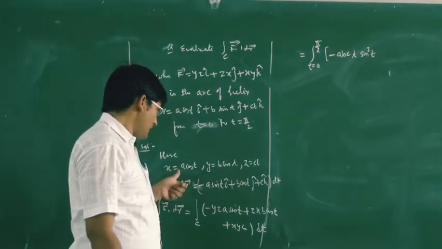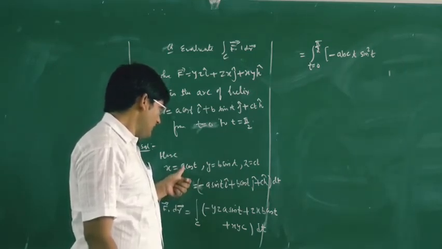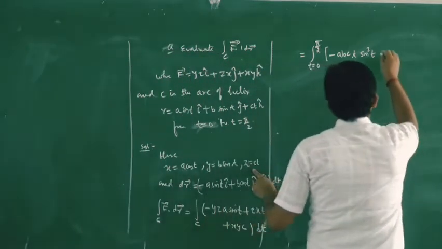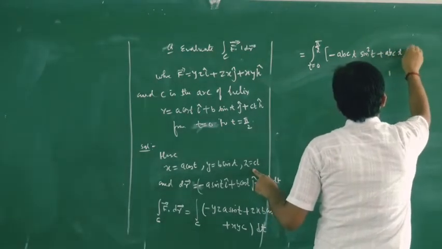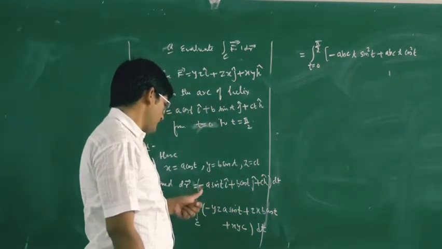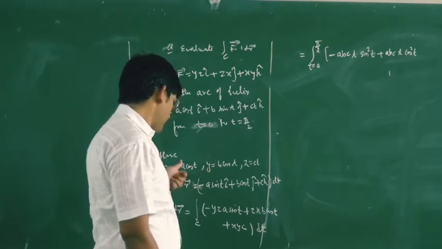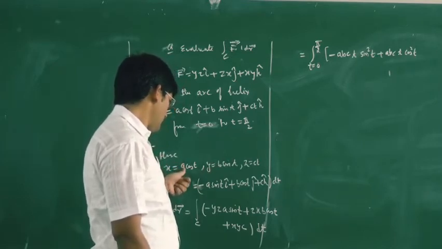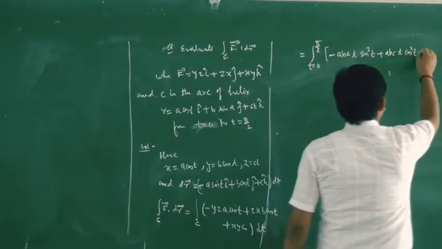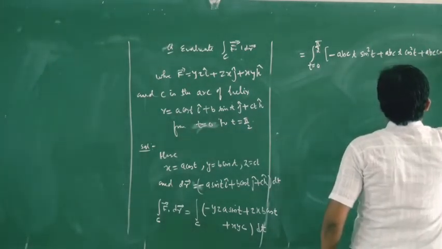Your z into x will be ac cos t into t. So this will be abc t into cos squared t. Then our third term xy into c will be abc cos t into sin t, into dt.